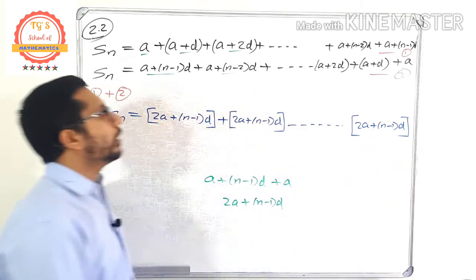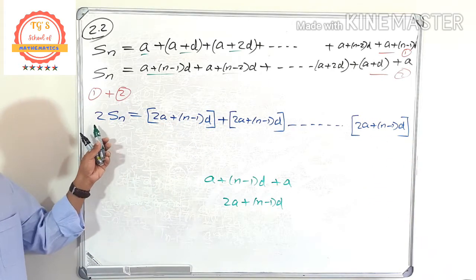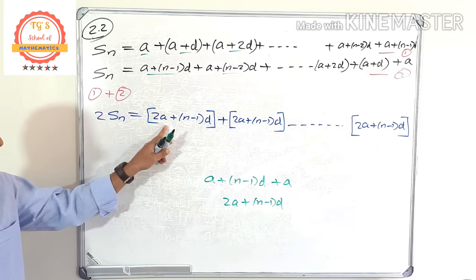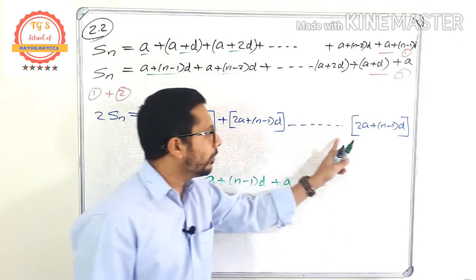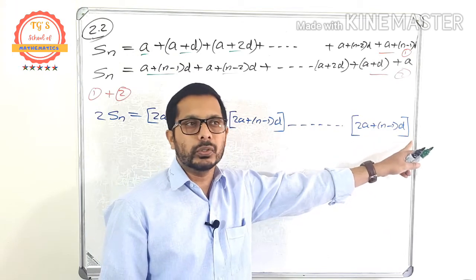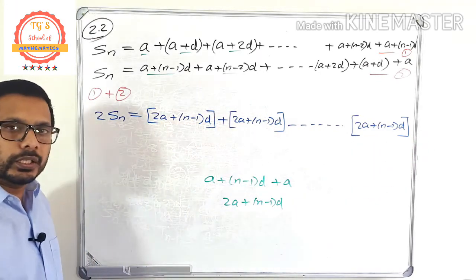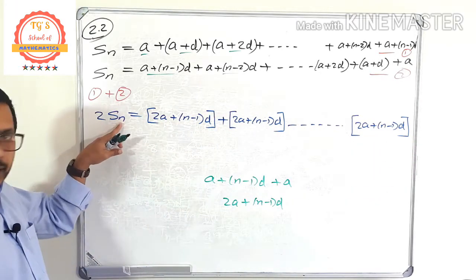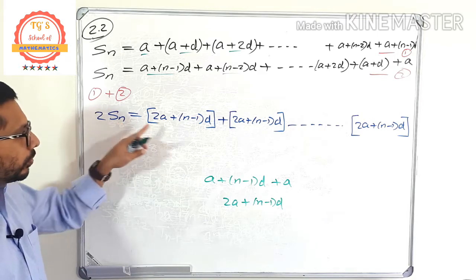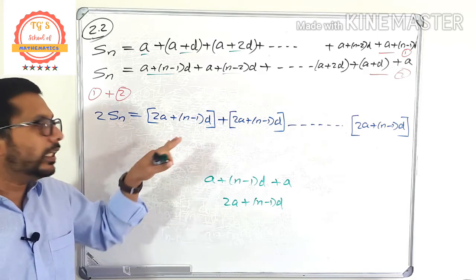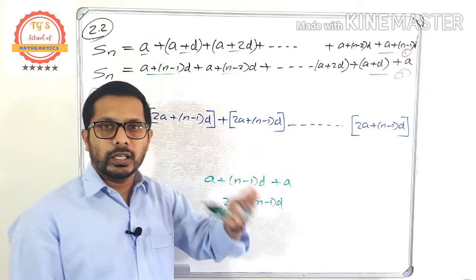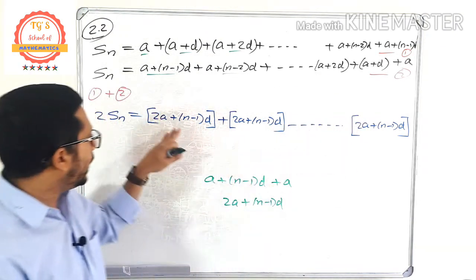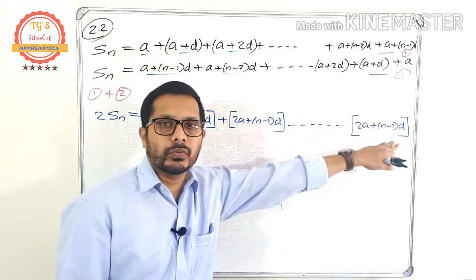Now look at this one: 2Sn is equal to 2a plus n minus 1 into d, plus 2a plus n minus 1 into d, plus and so on, plus 2a plus n minus 1 into d. How many terms are here? There are n terms, am I right? So there are n copies of 2a plus n minus 1 into d.